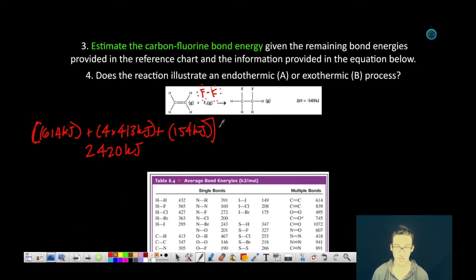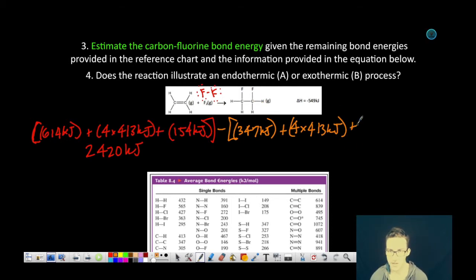However, there's energy that's going to be released as we reform these new bonds. In fact, we could represent that by taking 347 kilojoules, which is the energy that's released upon the formation of that carbon-carbon single bond, plus 4 times 413 kilojoules, which is the energy released upon the formation of those 4 carbon-hydrogen single bonds, plus 2 times X. X being the 2 bonds that are my carbon-fluorine single bonds, which I don't know what the answer is.